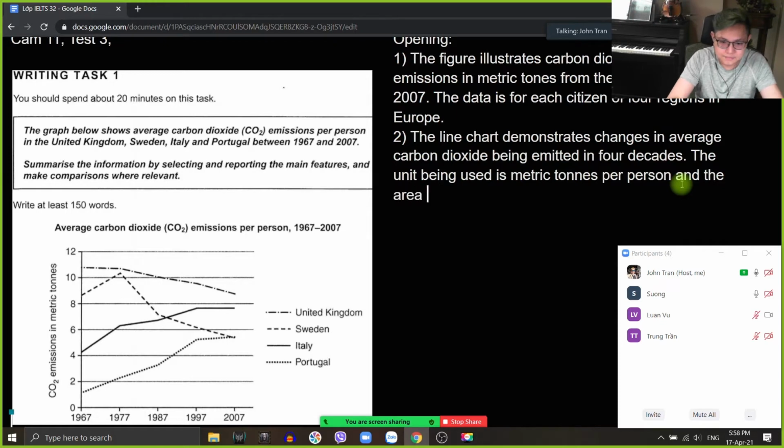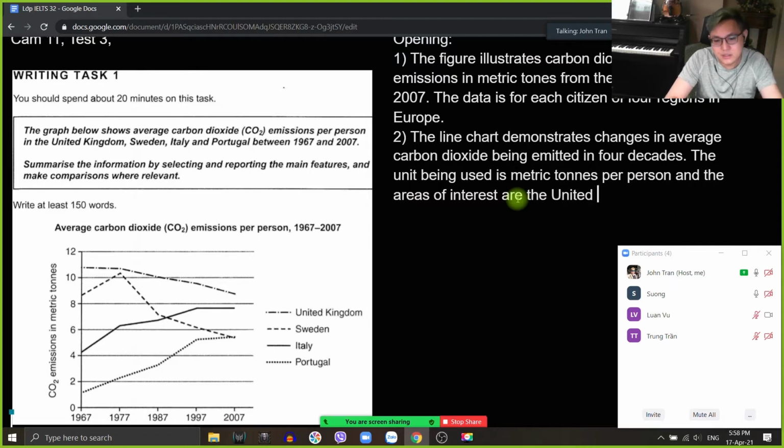And the area of interest, cái khu vực mà người ta đang hứng thú. And the area of interest are the United Kingdom.